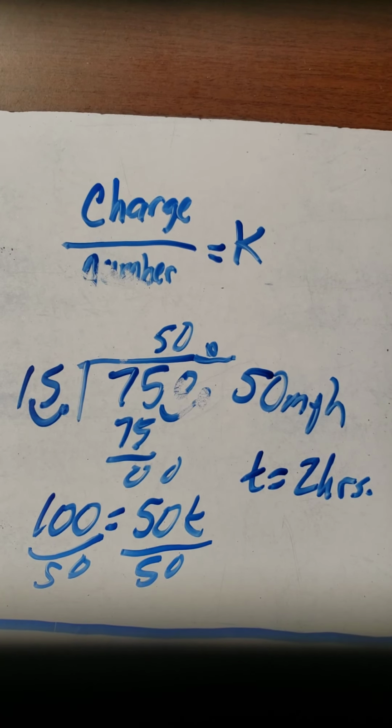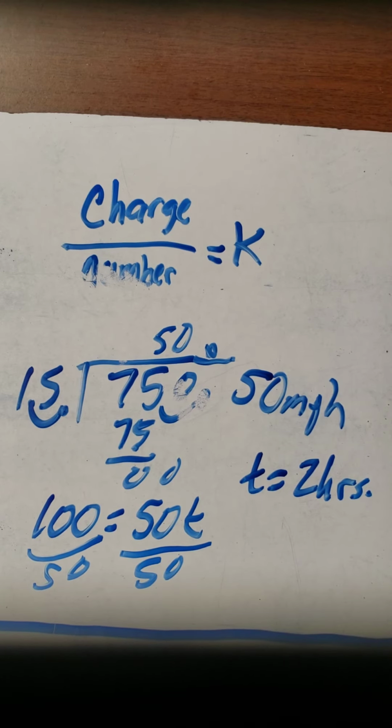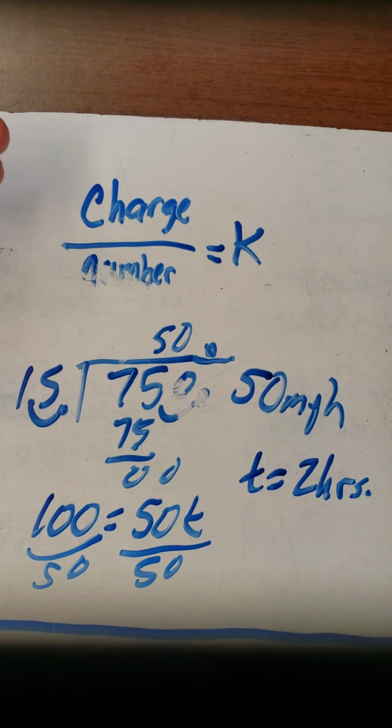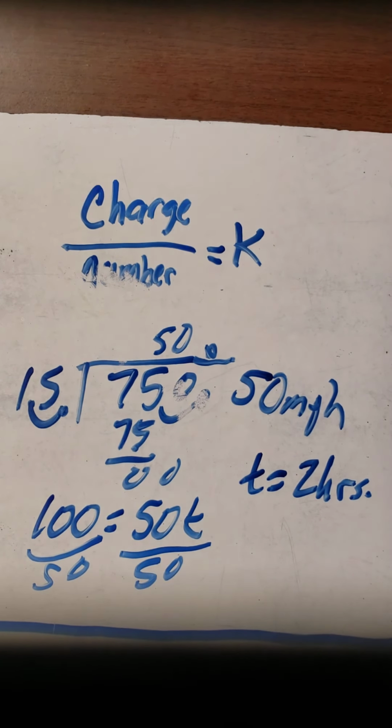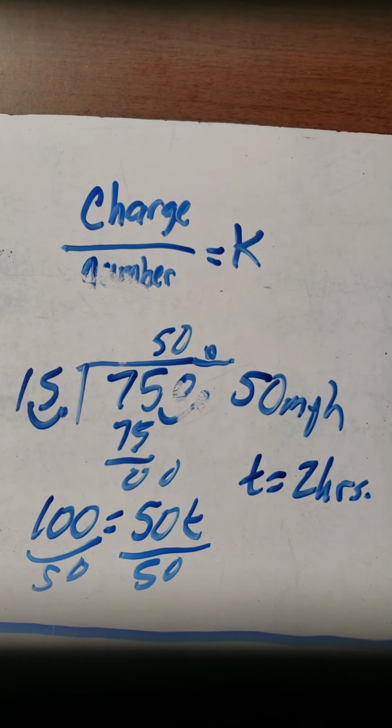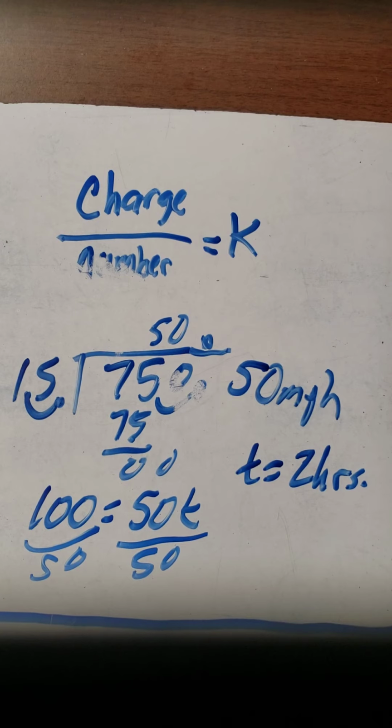So example 3 is the same way. We won't go over it, but you're finding K to find your second part of the problem. And we know that with direct variation, they are proportional.